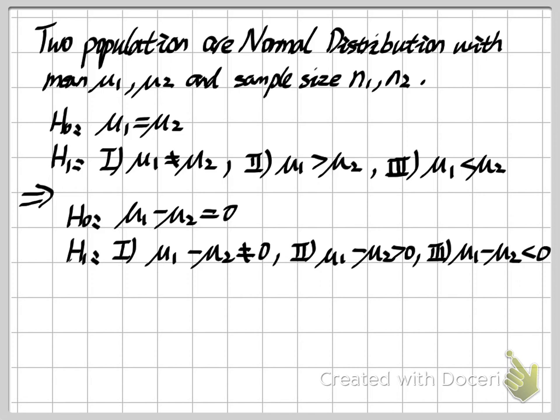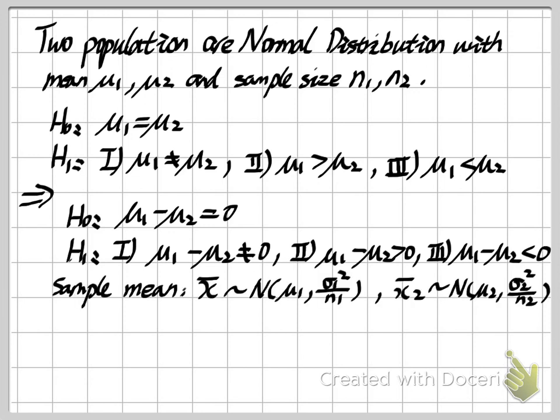And for these two sample means, by the information of our original population and the sample sizes N1 and N2, we know X bar 1 follows a normal distribution, with the mean still the same as our population, mu1, and the variance is sigma 1 squared divided by n1.